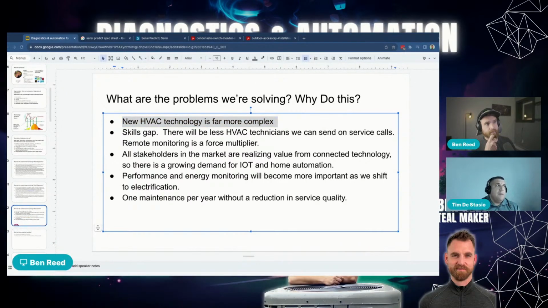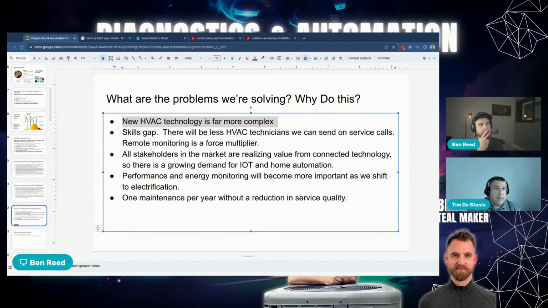Yeah, I think the skills gap is one of the biggest reasons why we should be able to get mass market adoption, because everybody is going to be facing that, especially the larger contractors, the mass market.